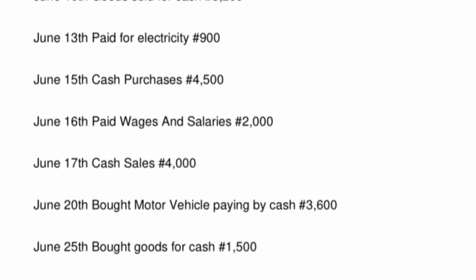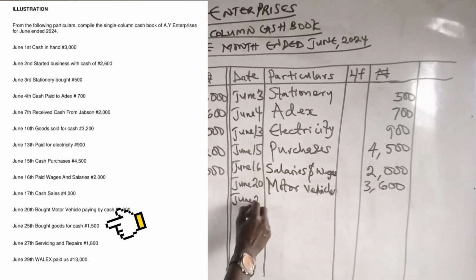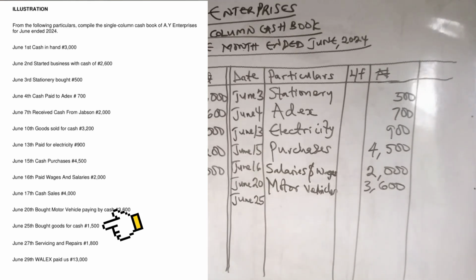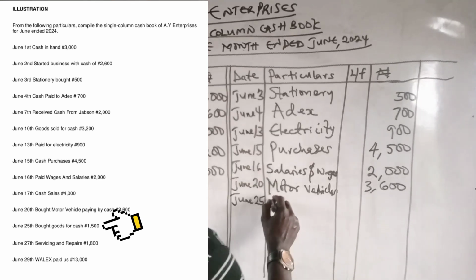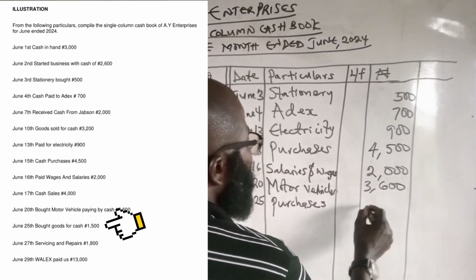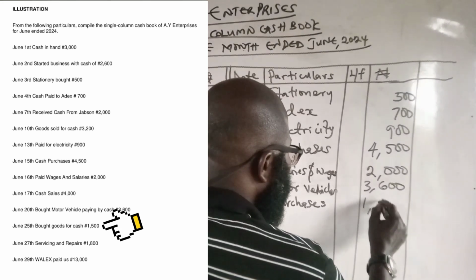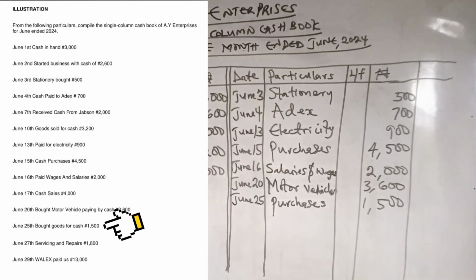Then for June 25th, bought goods for cash 1,500 naira. June 25. AY Enterprises bought goods for cash that worth 1,500 naira. Just put good purchases or purchases. We have it for 1,500 naira.